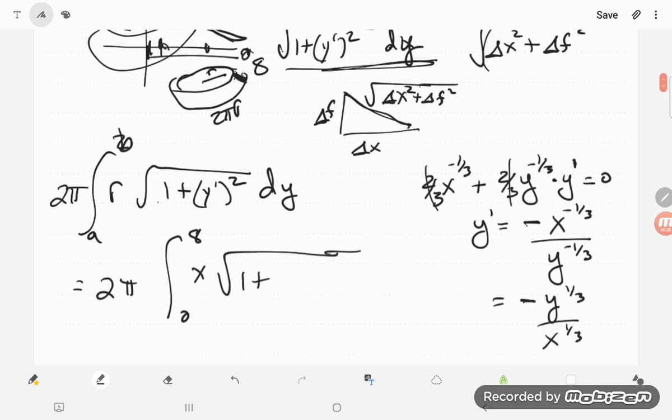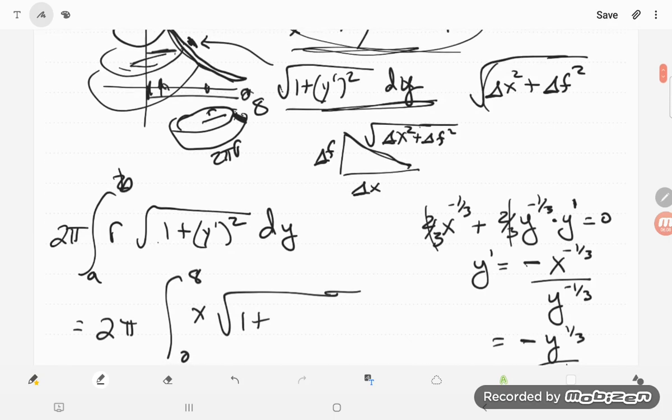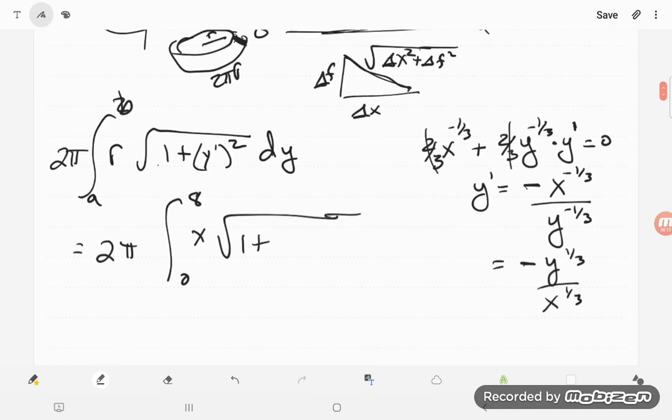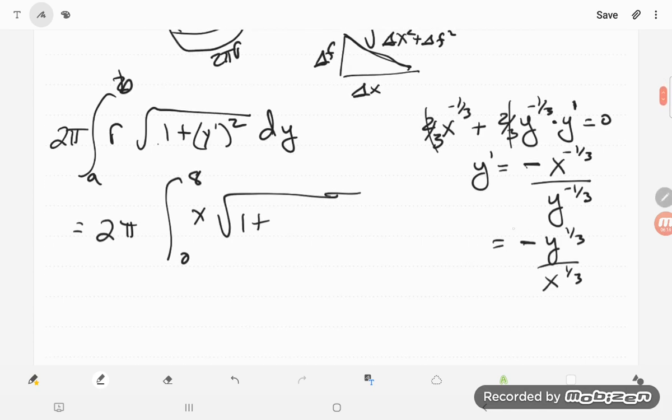Well, that's great now, but I need y in terms of x. And the thing is, remember that we square it. We need y prime squared. So when I square this thing, I get y to the 2/3 over x to the 2/3.